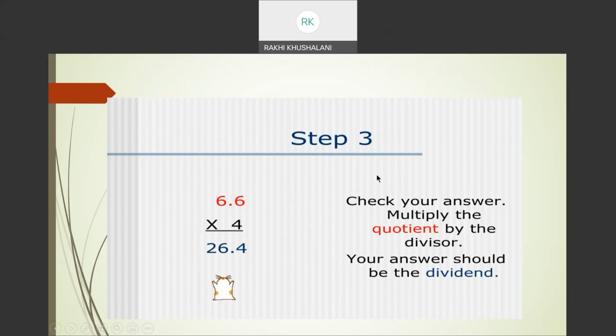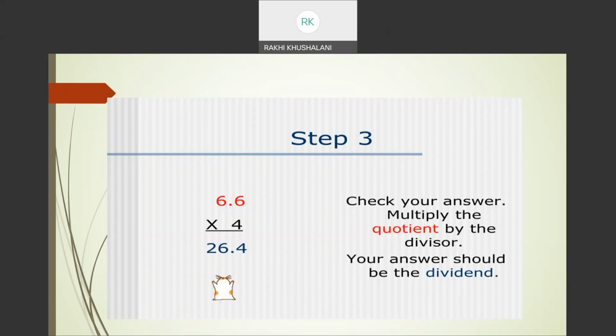Step 3 is always, what do we do in division? After doing division, we check whether our division is correct or not. I have taught you multiplication of decimals with decimals or decimal with a whole number. So 6.6 into 4 gives me 26.4. Just multiply them as whole numbers. That is 66 into 4, which gives you 264.